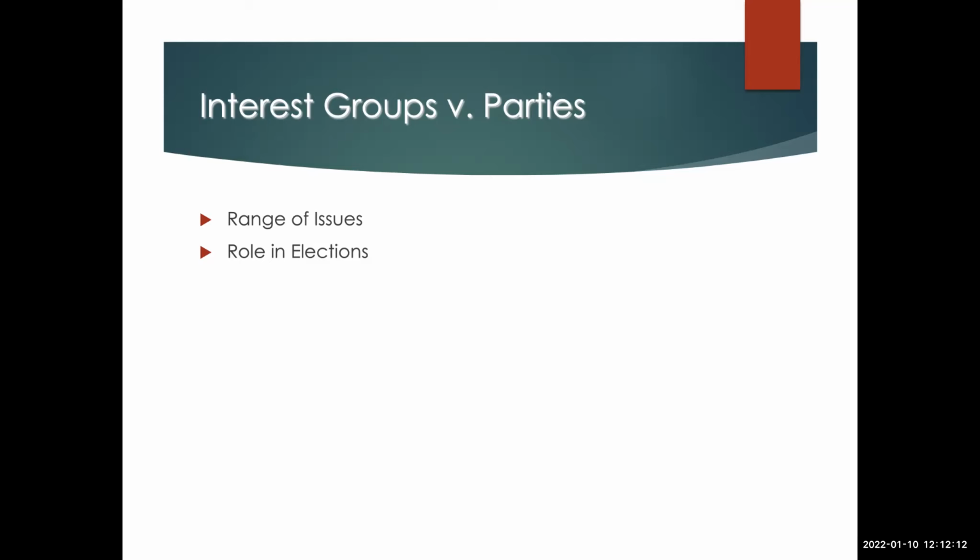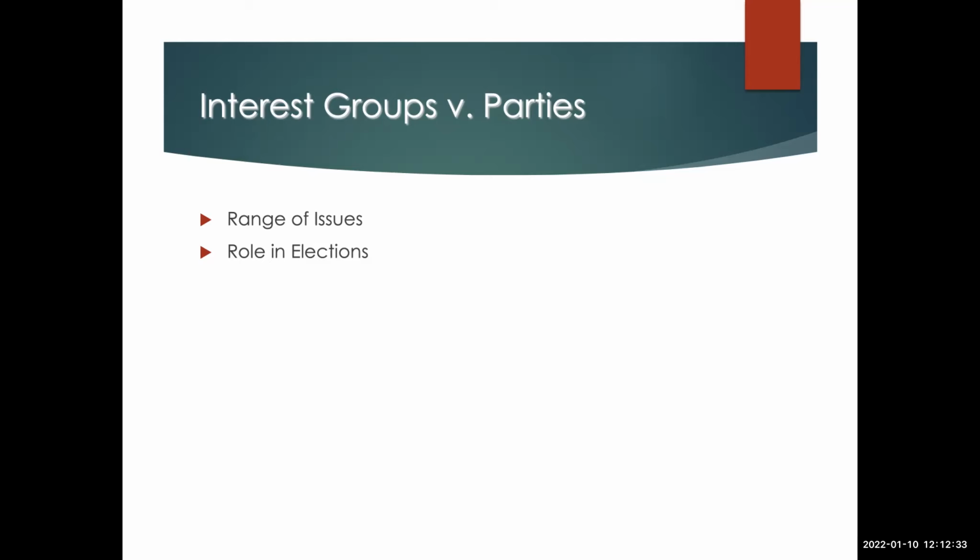The other way in which interest groups and political parties really differ is their role in elections. A political party actually puts forward its members as candidates in an election. Interest groups are often involved in elections. They endorse specific candidates. They run ads that influence the elections.